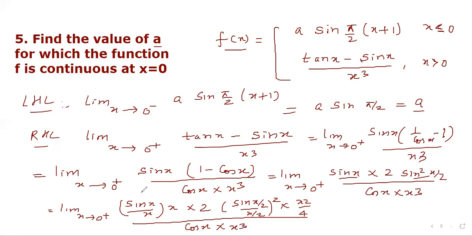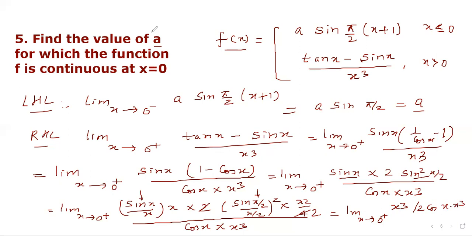Now this term will become 1, this term will become 1. And this will divide this 4, so we will be getting 2. So limit x tends to 0 plus x cube divided by 2 cos x times x cube.